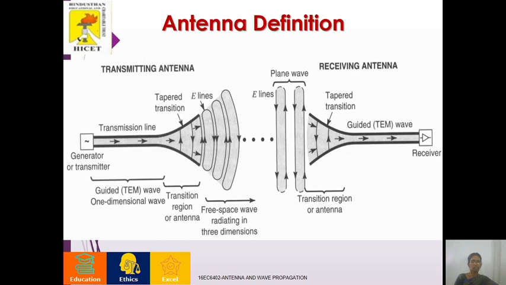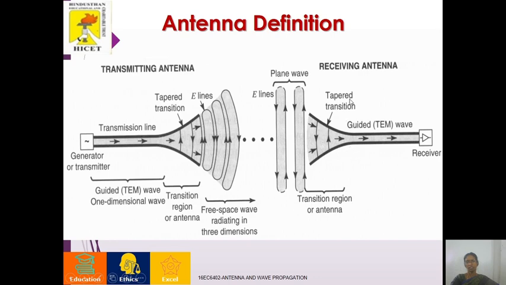In the transmitting side, the generator is connected to a guided medium transmission line which is opened out before entering into the free space. In the receiving side, the receiver is connected to a guided transmission line which is again opened out into the free space. This guided transmission line contains a one-dimensional electromagnetic wave, and the transition region or the tapered section converts this guided electromagnetic wave into a free space three-dimensional wave.